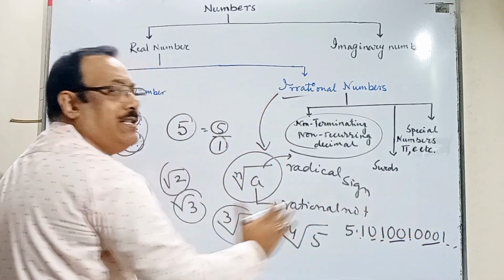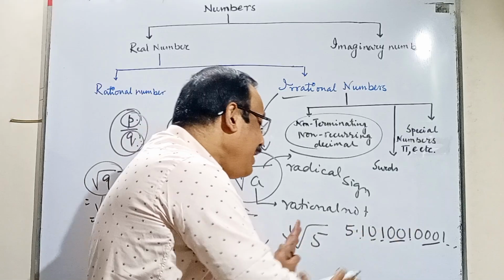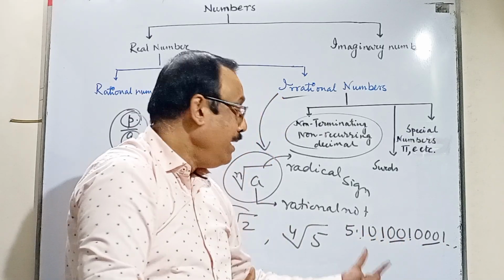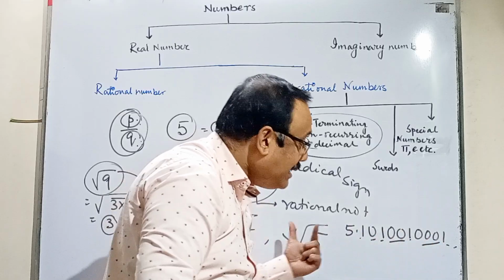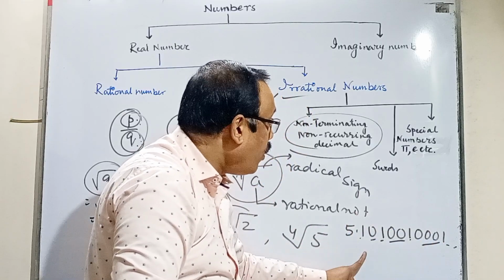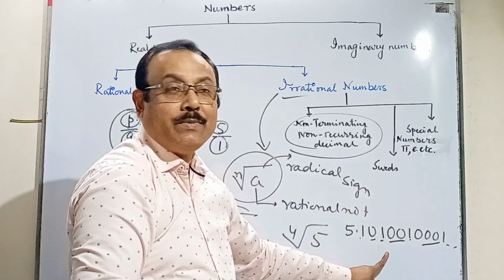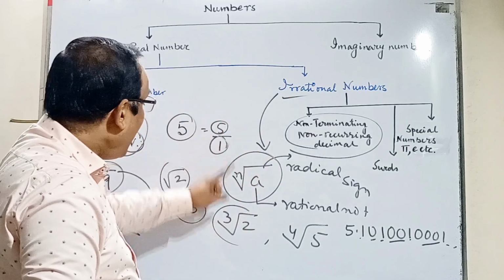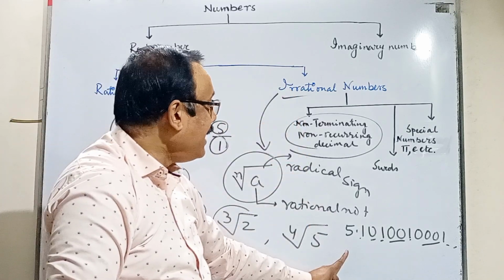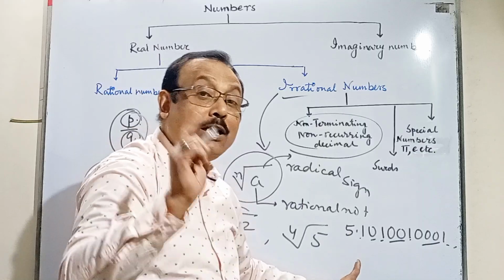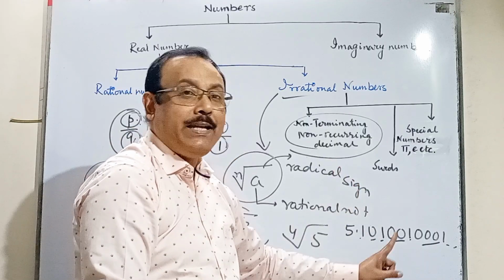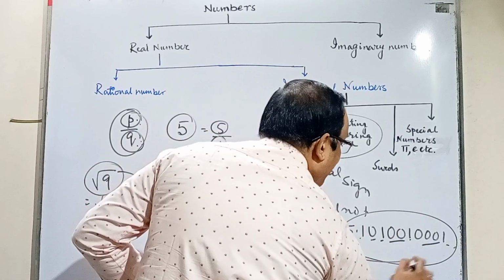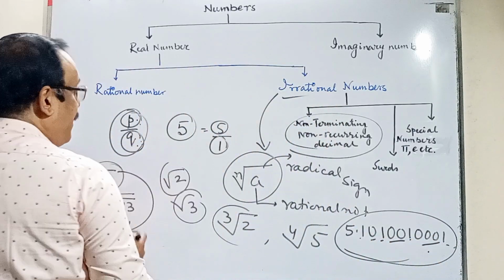Note that the same thing is not repeating. There is a pattern, but repetition of the same block is not there. The division is not terminating, it is continuing. So this is a non-terminating, non-recurring decimal. Irrational numbers either exist in the under-root format, or in decimal form they are expressed as non-terminating, non-recurring decimals.